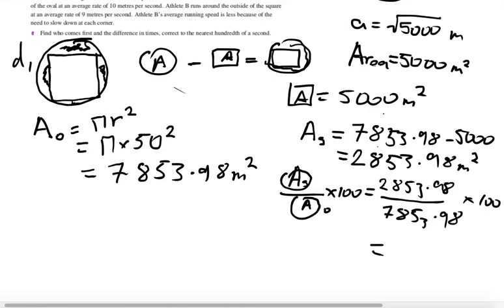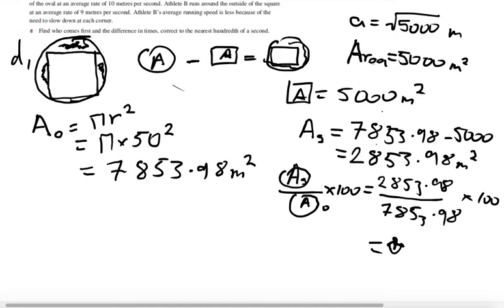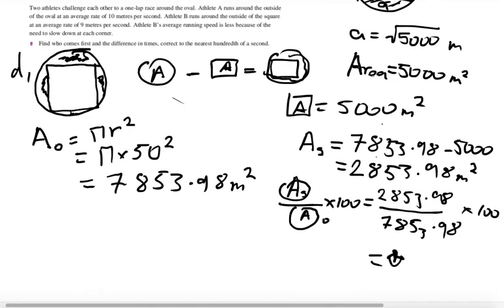Putting that into a calculator, this division is 0.36338, times by 100, which is equal to 36.338.